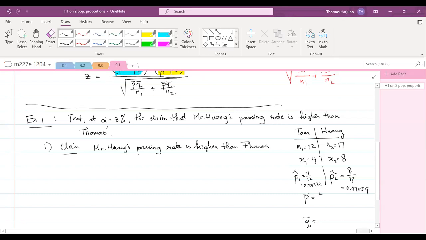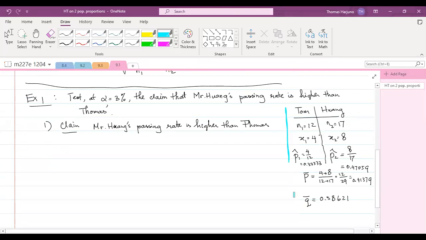Now P bar is the total number of people passing, which is 12, over the total number of people taking those classes, which is 29. That is 0.41379. Then Q bar is 1 minus that, which is 0.58621. That's the setup. Set it up first before you start doing any further computation. Once you're done with those computations, then you can focus on the structure, right?